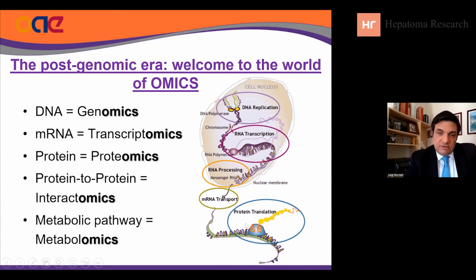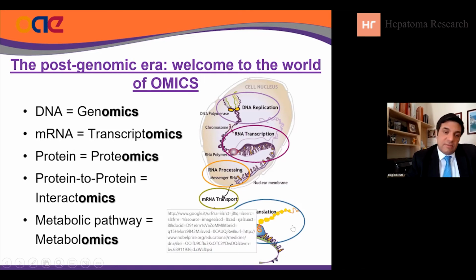So as you can see here from this cartoon, these approaches are aiming to assess at the vast level, the very broad level, the possible alterations in our pathways, in our metabolism, and they are targeting the DNA, the RNA, proteins, and the interaction of proteins, and then finally the metabolomics with all the metabolites, so the product of these proteins.